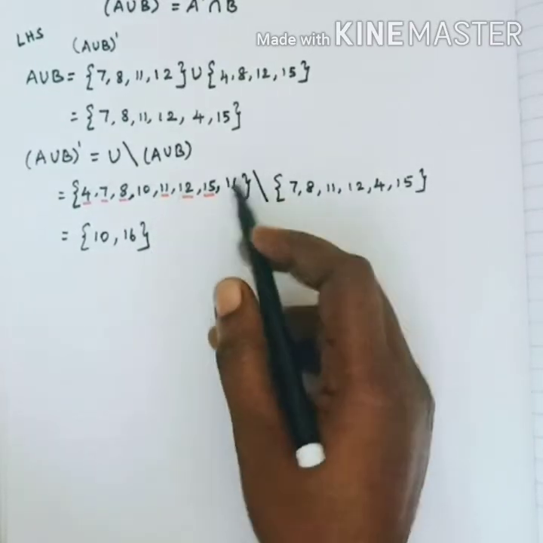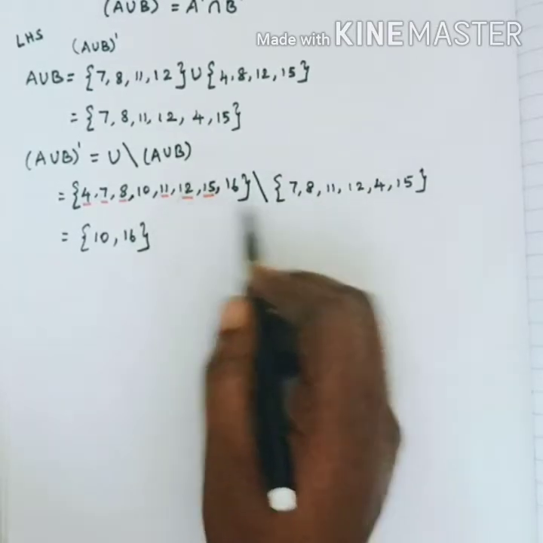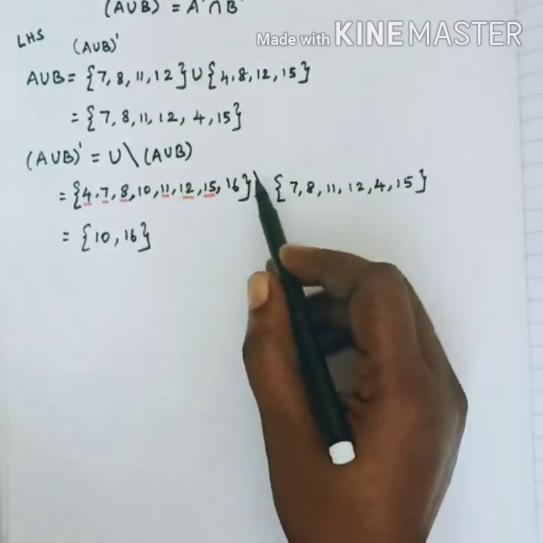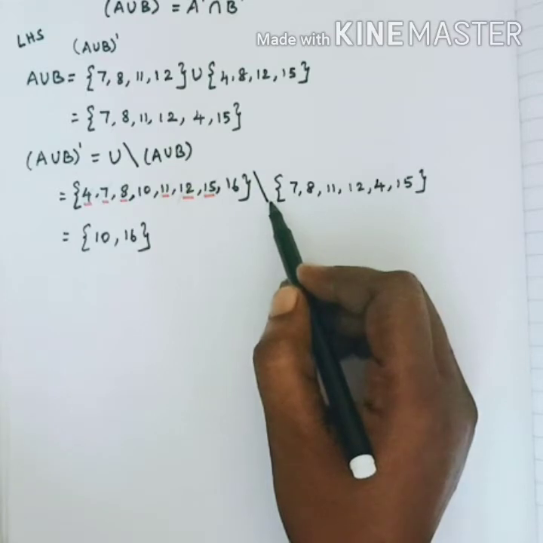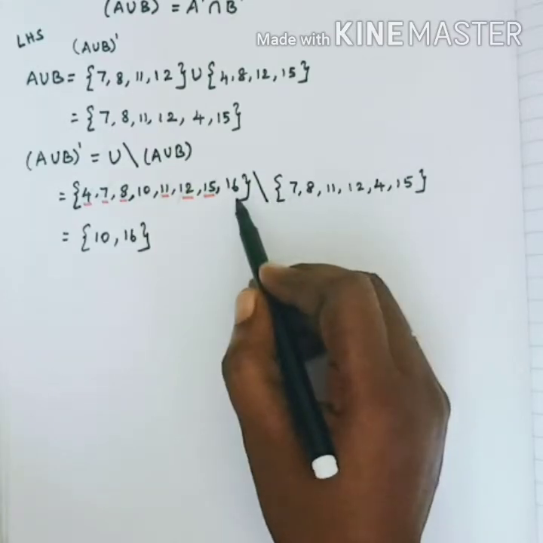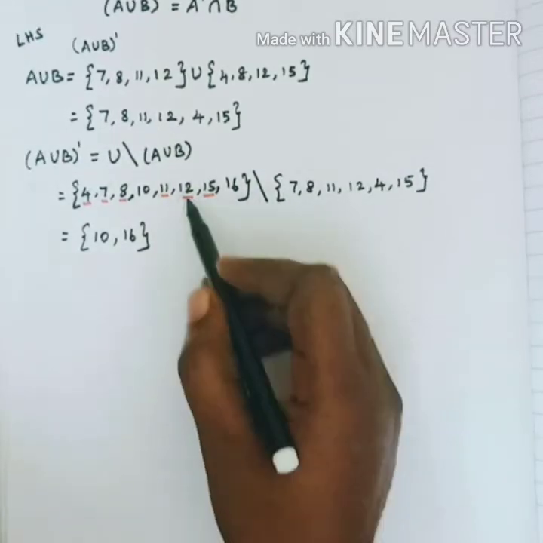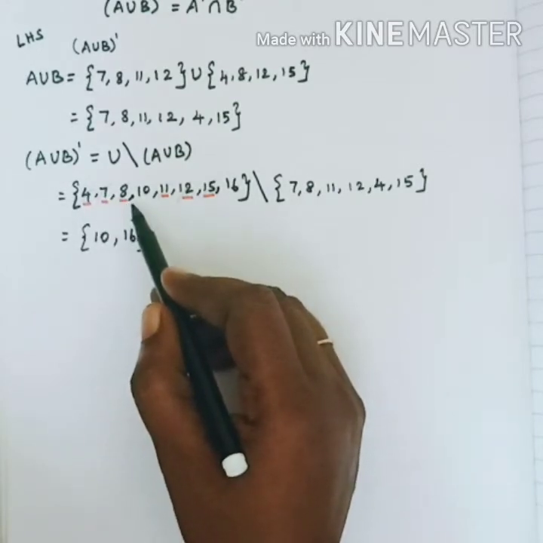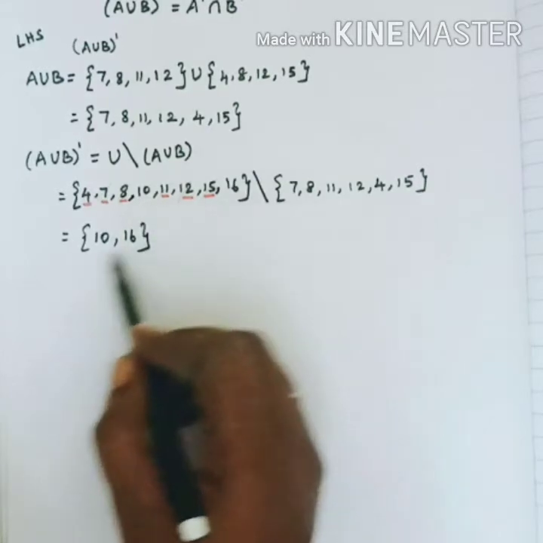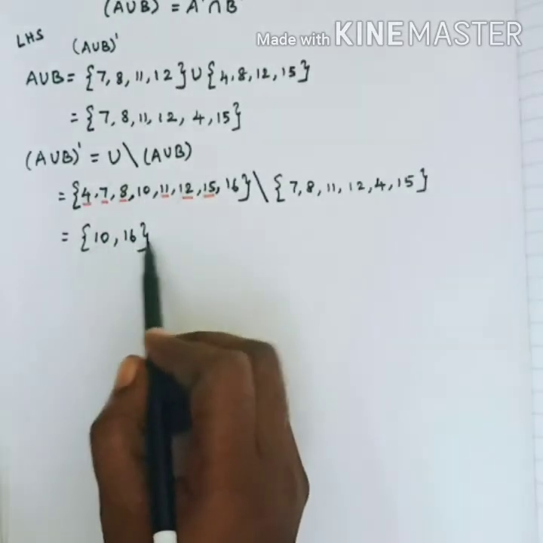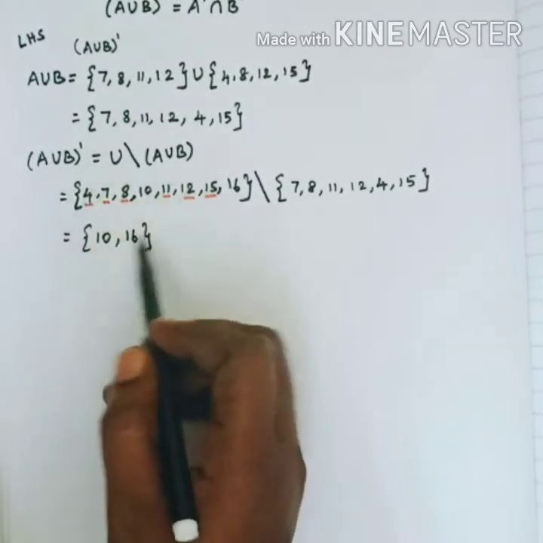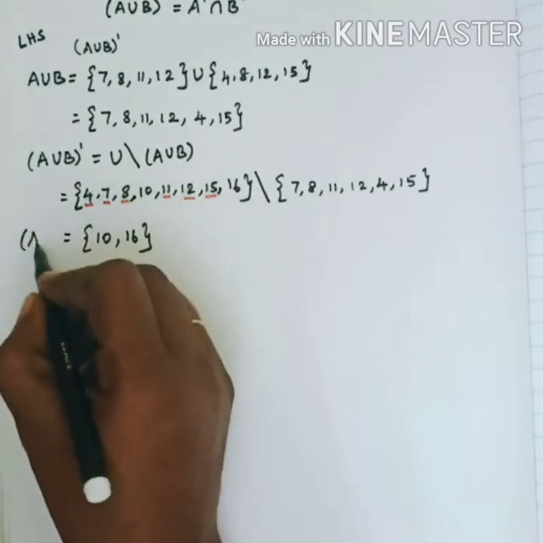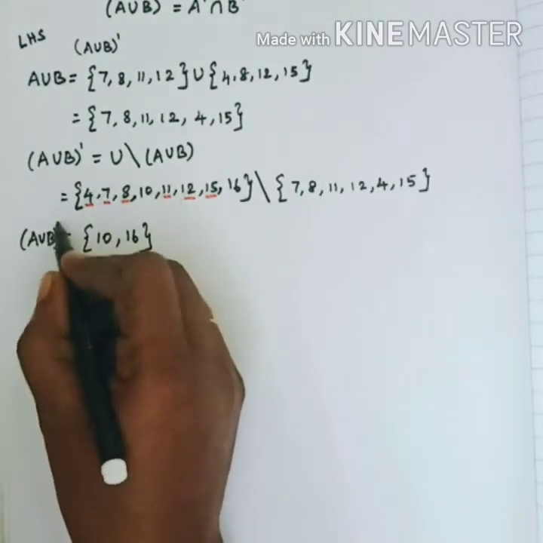Whenever this slash comes, you have to use this method: identify the common elements, omit them from the first set, and write the remaining elements. This is the answer for (A union B) dash.